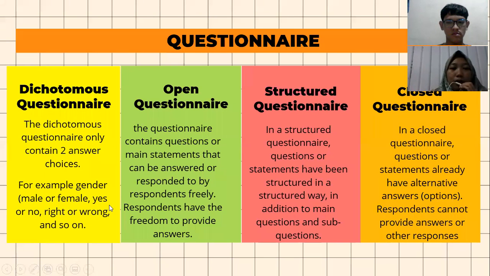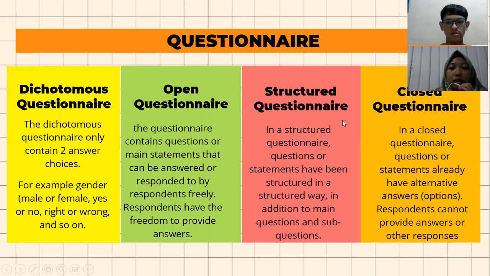The open questionnaire contains questions or main statements that can be answered or responded to by the respondent freely. Respondents have the freedom to provide answers. The third is the structured questionnaire.